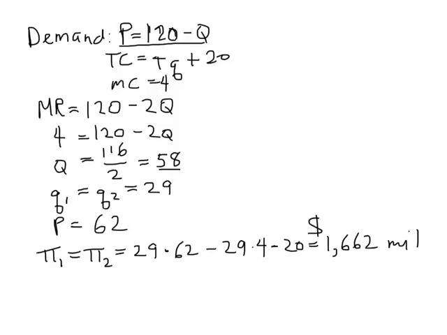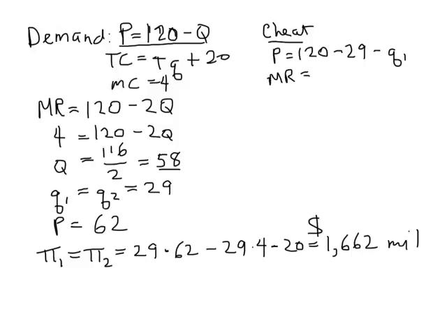Now, what happens when one firm cheats? In that case, let's just make Airbus the cheater. In that case, the firm faces the demand curve P equals 120 minus the 29 that it assumes the other firm is producing, minus Q1.